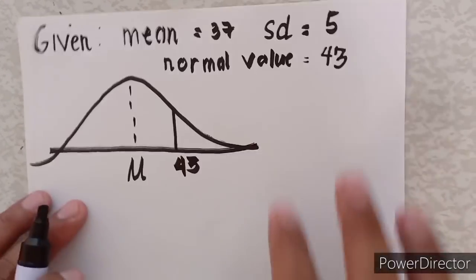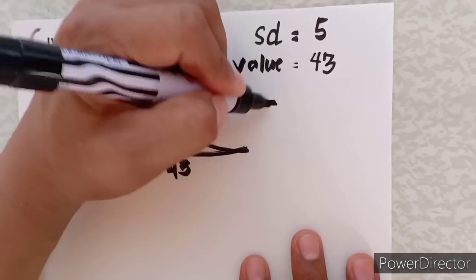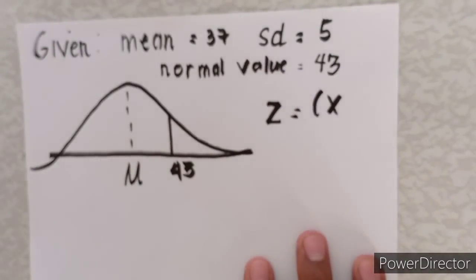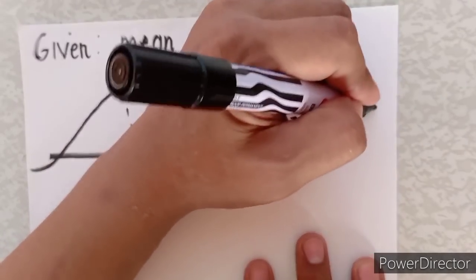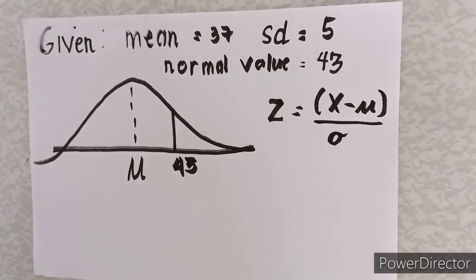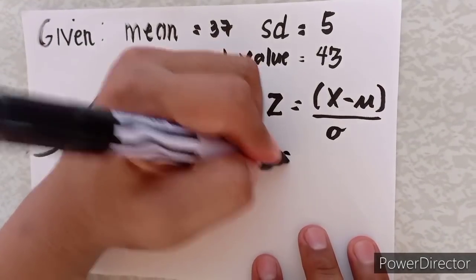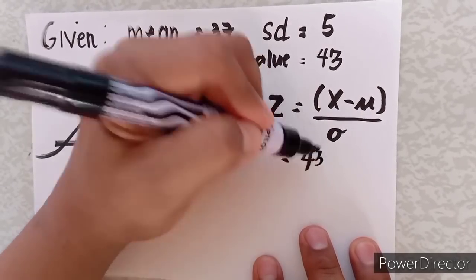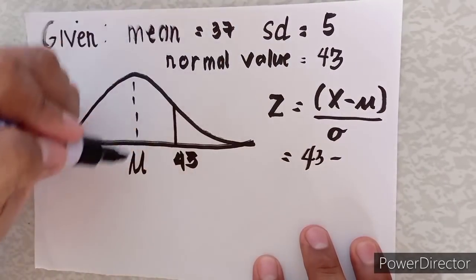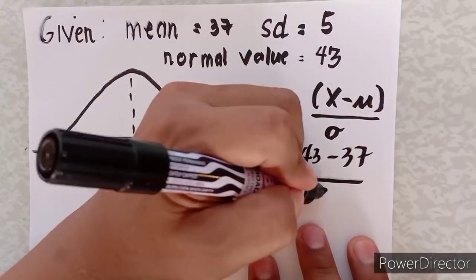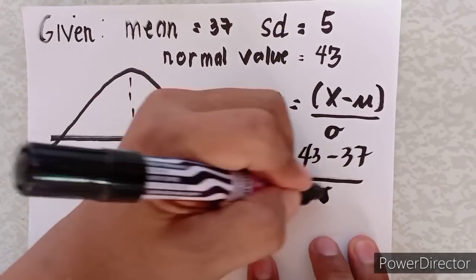And when we solve that using our formula, which is z is equal to normal value minus mean all over standard deviation. Using substitution, we have now z is equal to 43 minus 37 all over standard deviation, which is 5.